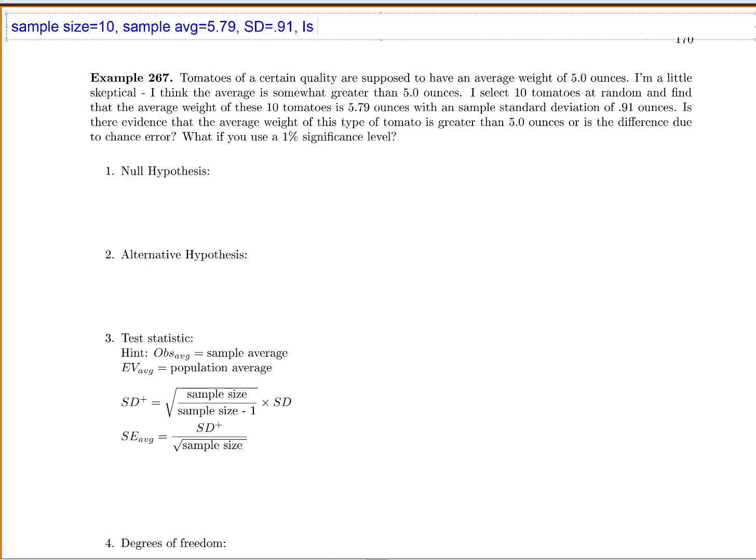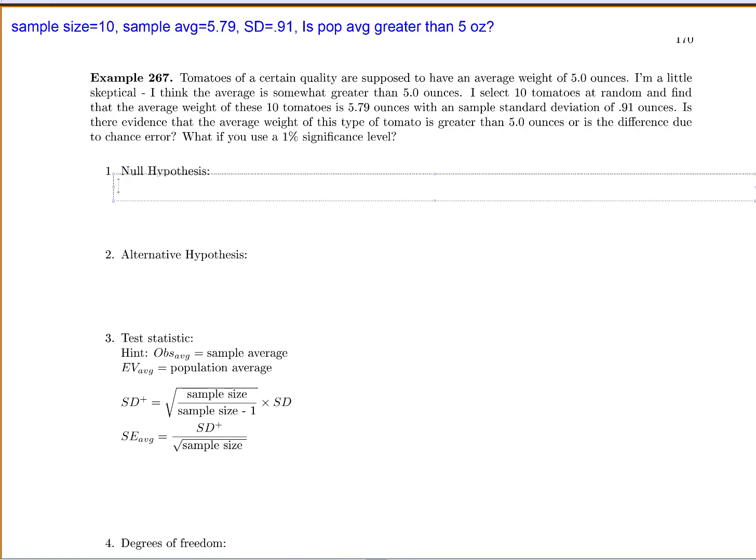Is there evidence that the average weight of this type of tomato is greater than 5 ounces? So we want to know, is the population average greater than 5 ounces, or is the difference just due to chance error? What would happen if you use a 1% significance level instead of a 5%? So let's see. First, the null hypothesis. The null hypothesis is always like the status quo.